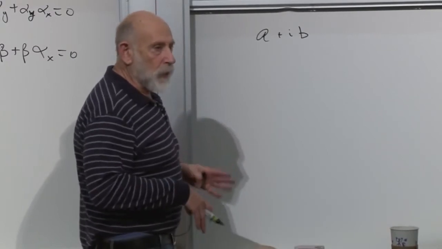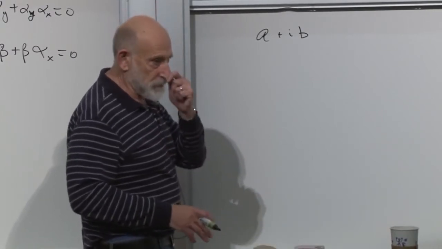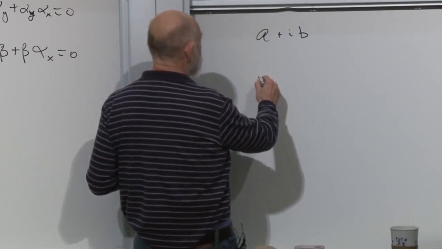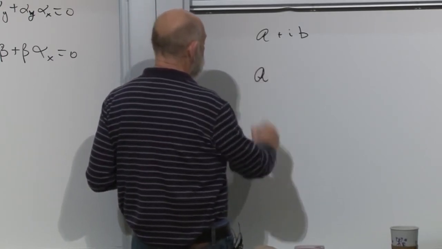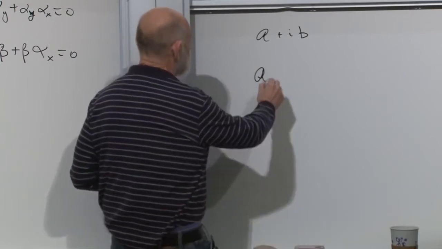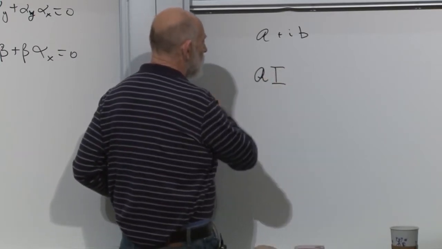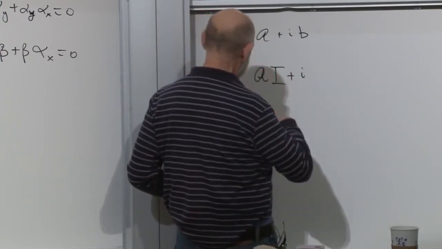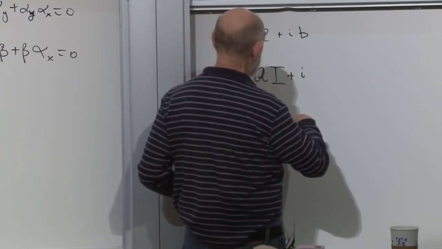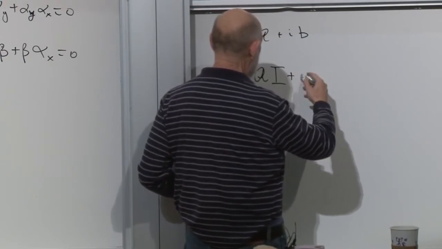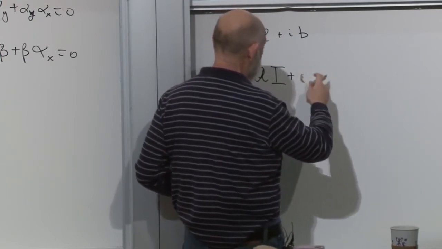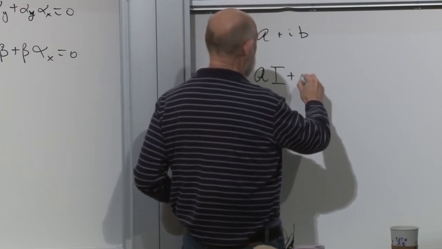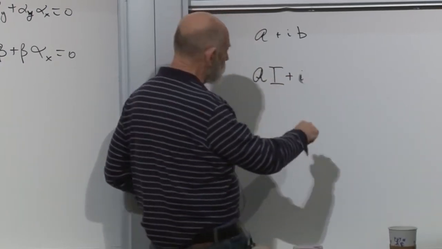Every Hermitian 2x2 matrix can be written as a thing proportional to the unit 2x2 matrix plus I times, is there an I? No, I think I misspoke. I think I want to put an I there. Not Hermitian, forget Hermitian.